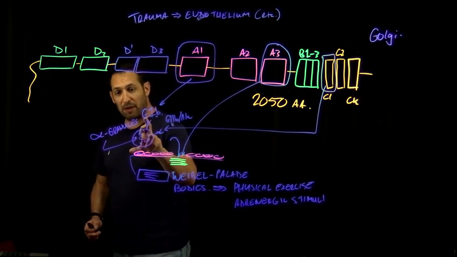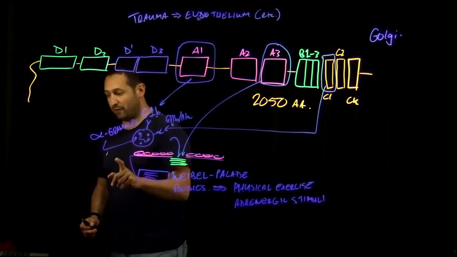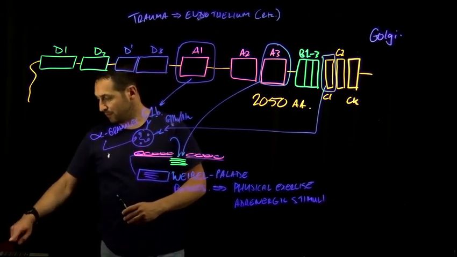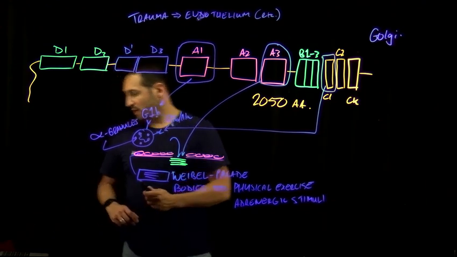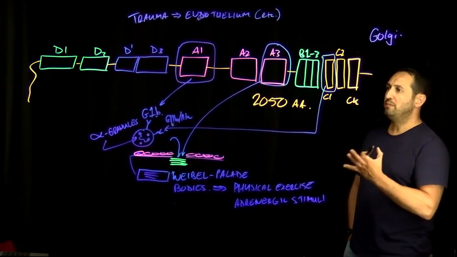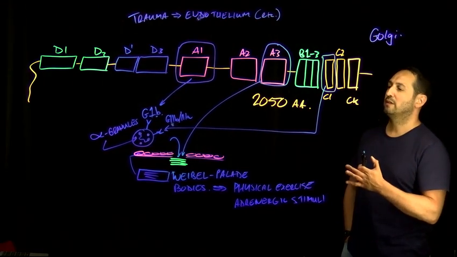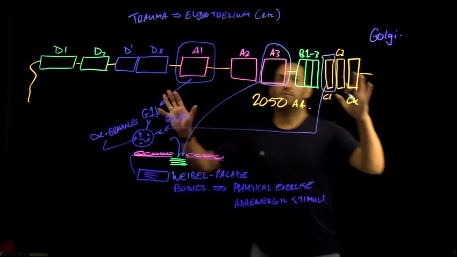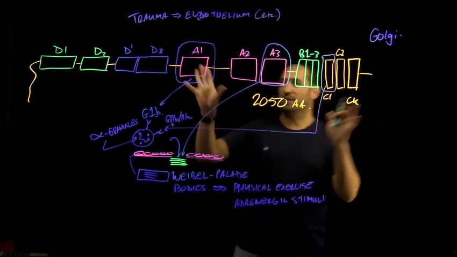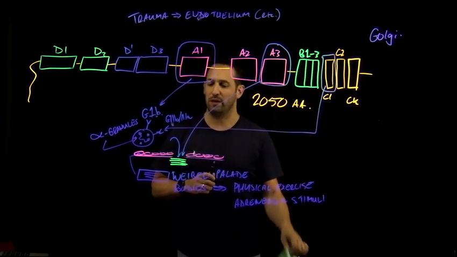When platelets become active, they release it from their alpha granules. Now, the problem that I suppose we can think of, and I've kind of touched on this already, is that this von Willebrand factor is a bit of a big beast.